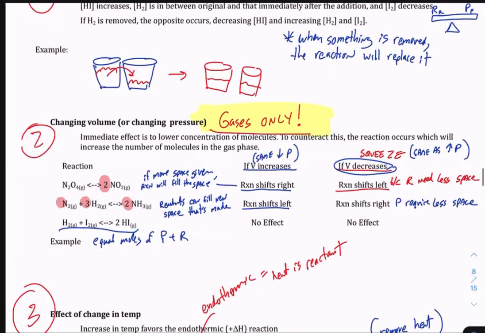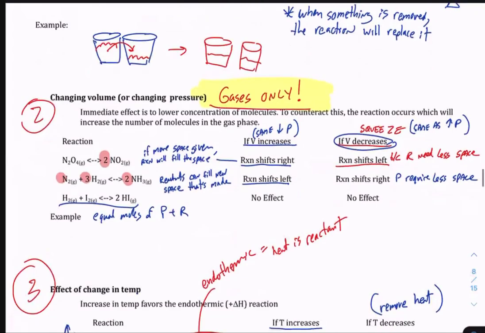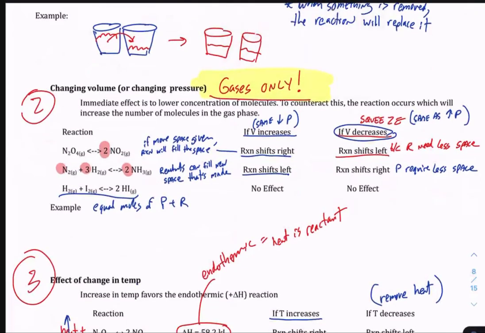Remember, if it's gases, you have to pay attention to how many moles there are, right? Because in changing the pressure, basically what you're doing is you're determining how much space the reaction has to exist in. So if you squeeze it, it has to exist in less space. This first one here would go to the left because the left side needs less space. Okay.